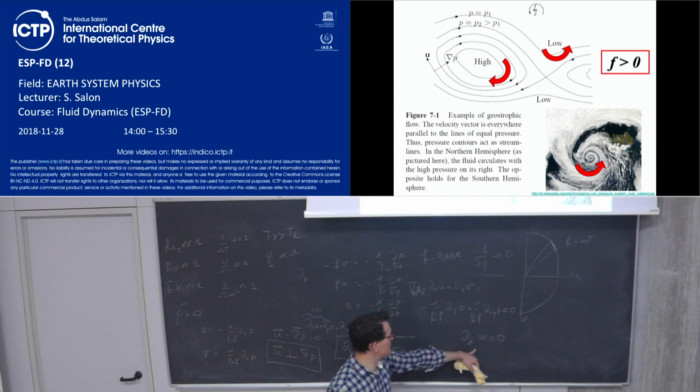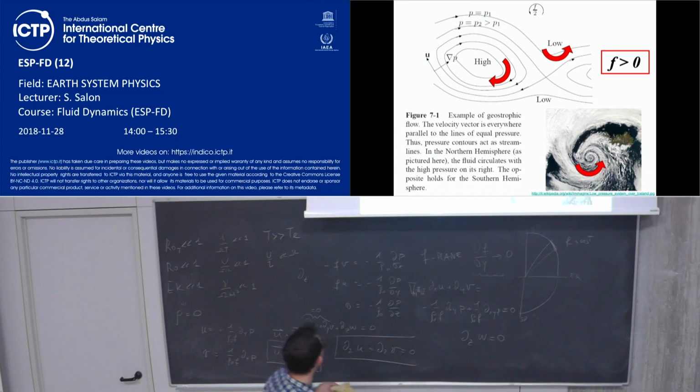We also have that the variation in z of the vertical velocity is equal to 0, and the flows are completely divergence-free. Okay? So we can say that geostrophic flows on the f-plane are non-divergent. Okay?